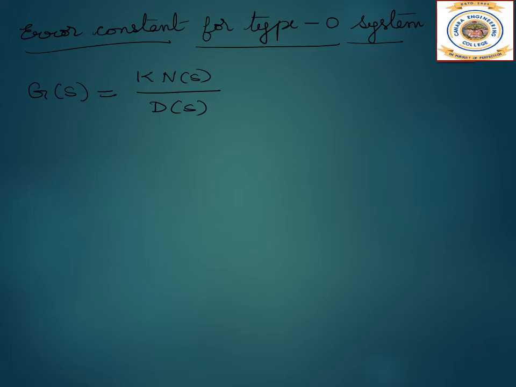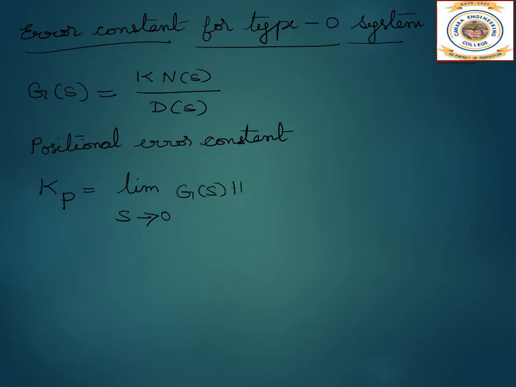So first we will find the positional error constant. What is the positional error constant? Kp is equal to limit s tends to 0, G(s) H(s). We already derived this, no? If it is a unity feedback, H(s) is going to be 1.